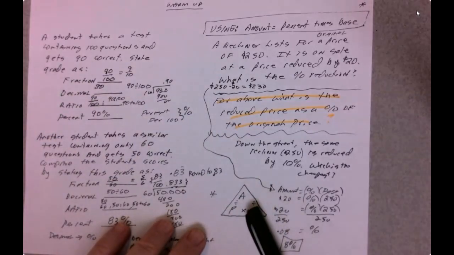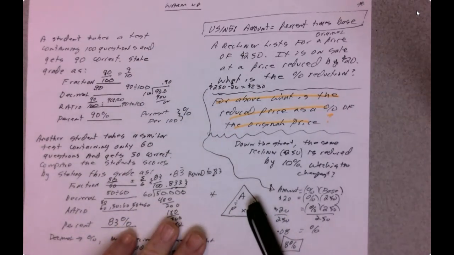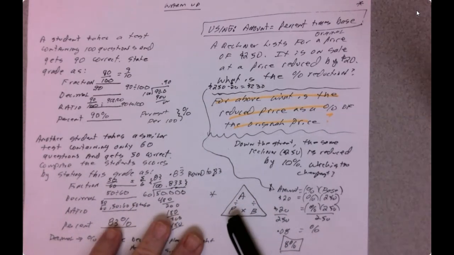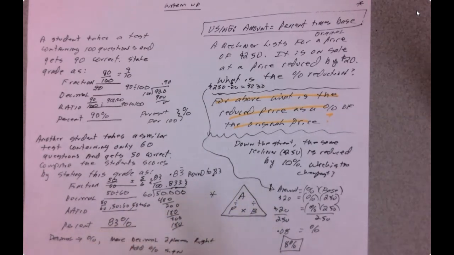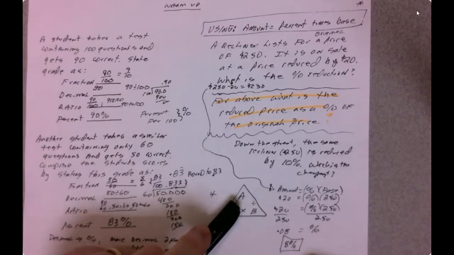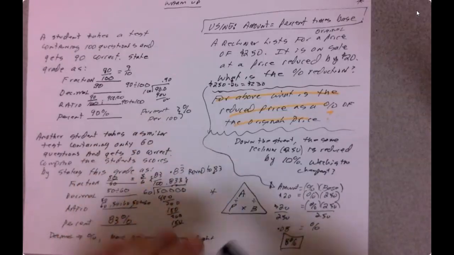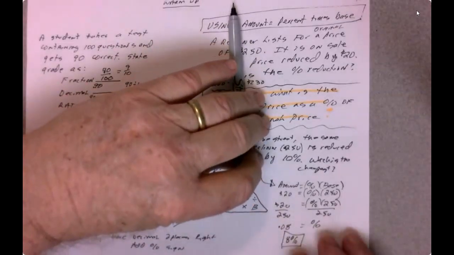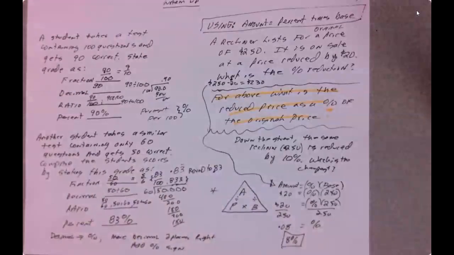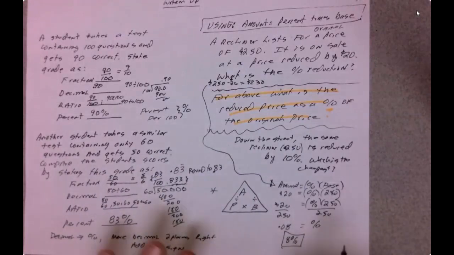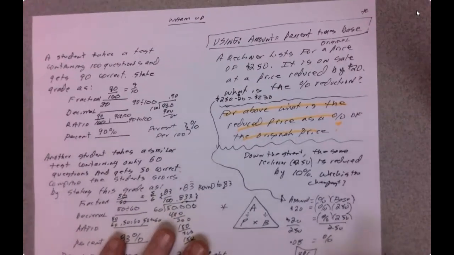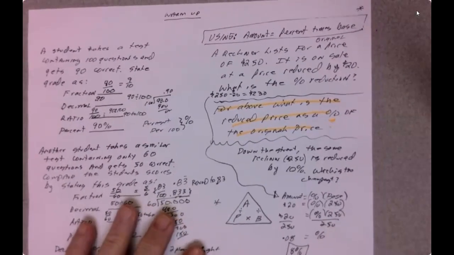If you want to know the base, you cover it up, divide amount by percent. Now remember, you've got to convert these percents to decimals to do this calculation. So one more time, if I want to know the percent, amount divided by base. I want to know base, amount divided by percent. I want to know amount, percent times base. So if you'll do a few of these problems, this will fall into place for you.